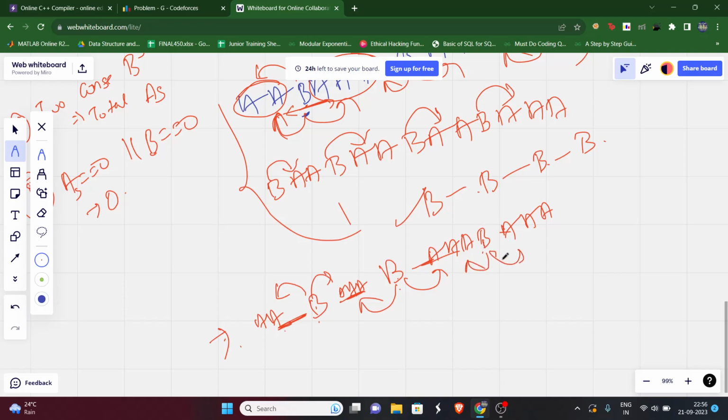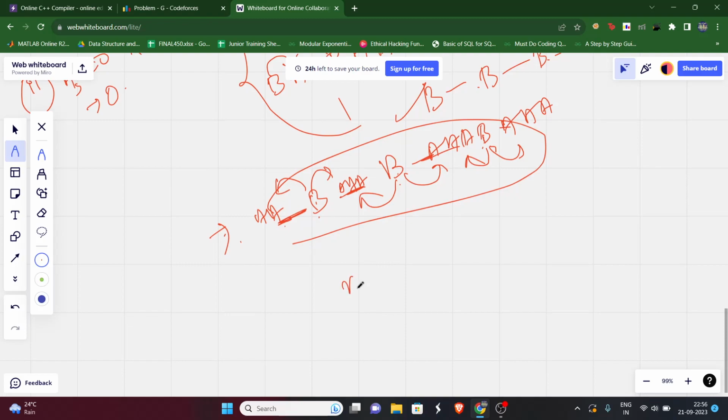Let's say the number of groups of A is equal to 4.